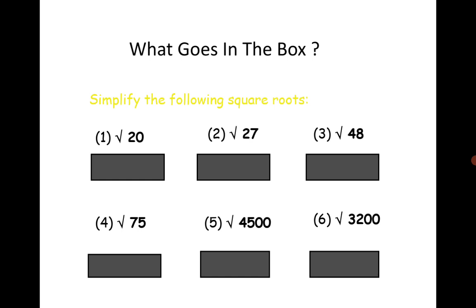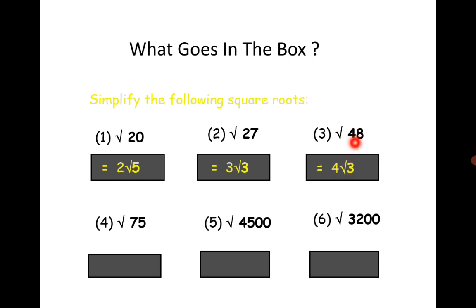So following the same rules, you find that the square root of 20 is 2 root 5. First, you simplify root 20 as root 4 times root 5. So root 4 is 2, root 5 is a surd, so you leave it like that. Root 27, you should be able to find 3 root 3. And root 48, you should be able to find 4 root 3.